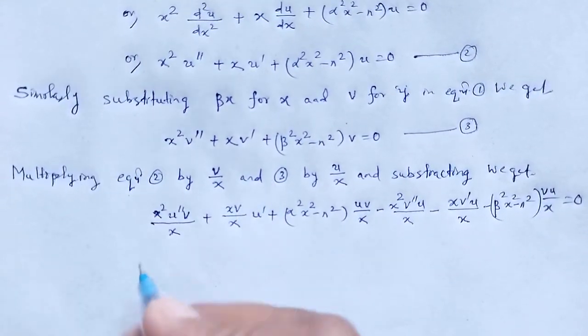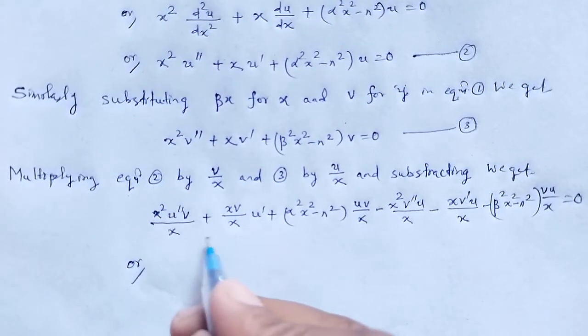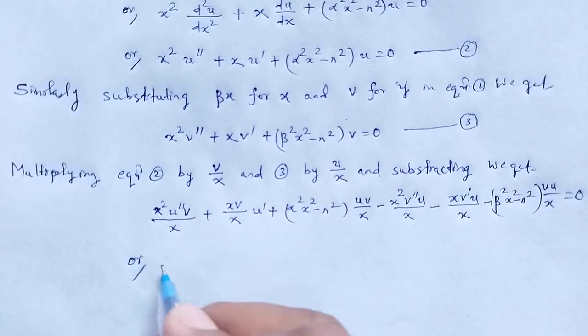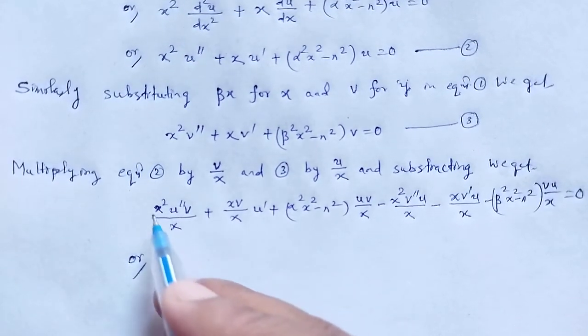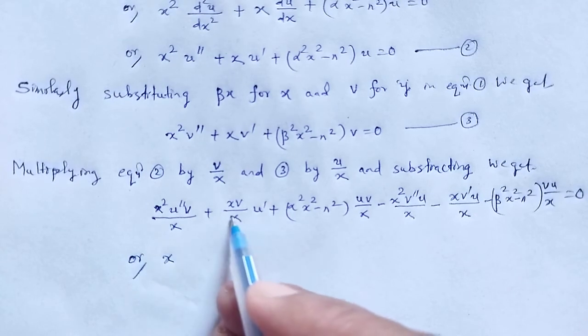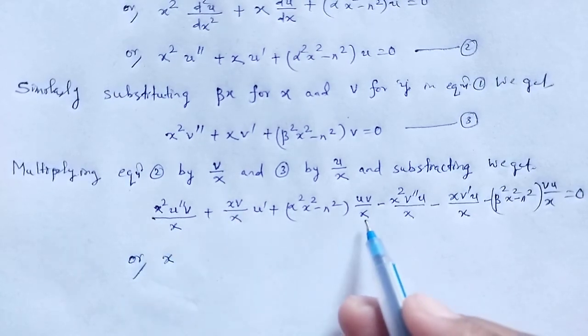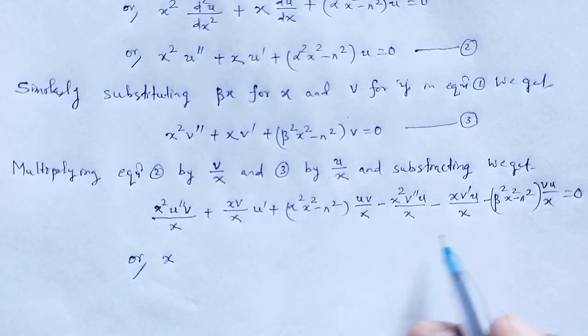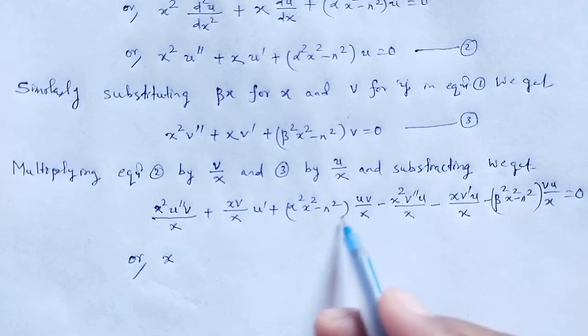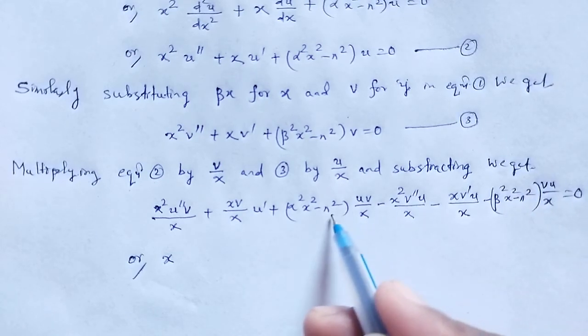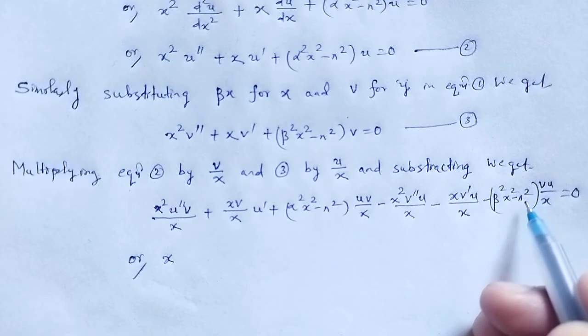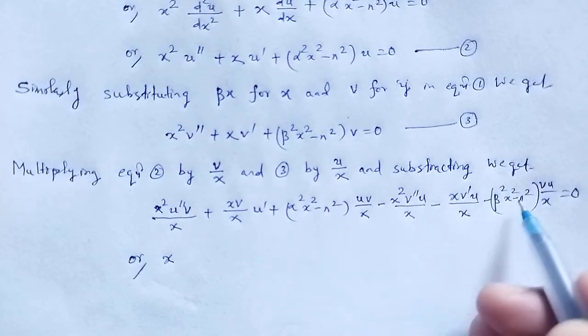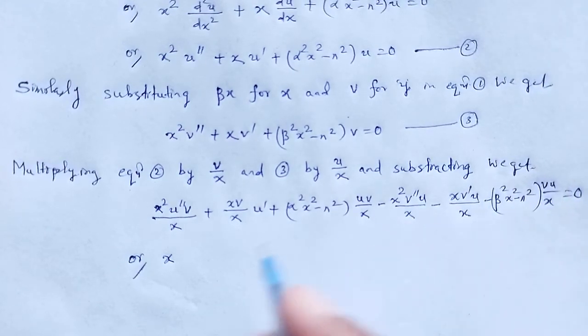Now simplifying, we separate the terms. Here 1 x cancels out, here 1 x will be there, again 1 x will be there. Then extracting that bracket term, one term is cancelled out, like minus n square uv by x, that is plus n square uv by x.